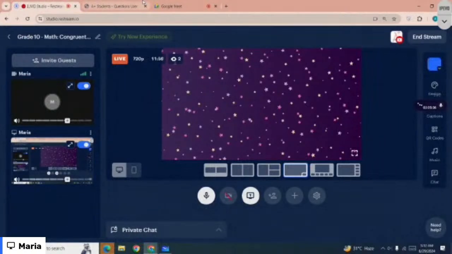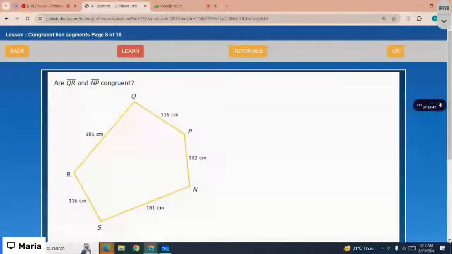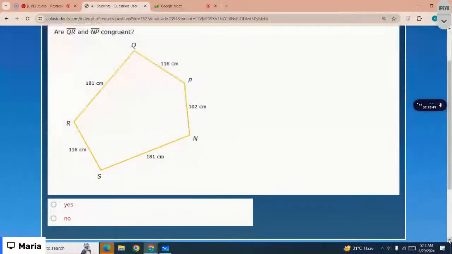Okay, are QR and NP congruent? No, they are not congruent. The correct option is no.